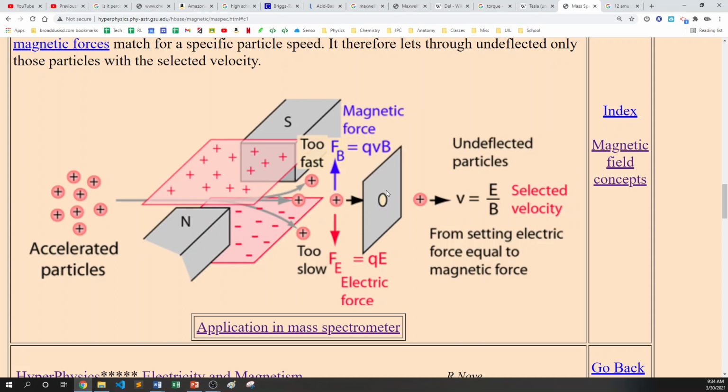And you have a little tiny opening here that shields it, so only particles of exact velocity are able to go through. And the velocity would be equal to the electrical field divided by the magnetic field. Makes sense.